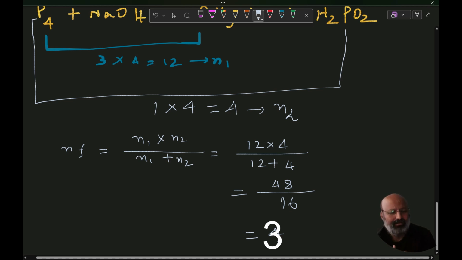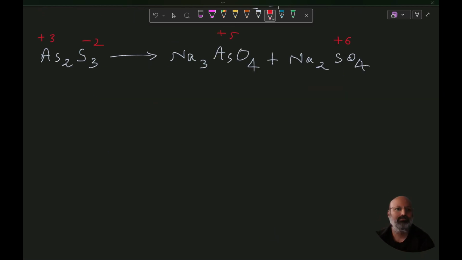Now I'll take n factor where both oxidation and reduction are going on simultaneously, or only oxidation going on for different atoms, or atoms from different molecules as well. Let's take this example, showing oxidation going on for both arsenic and sulfur in the same compound.